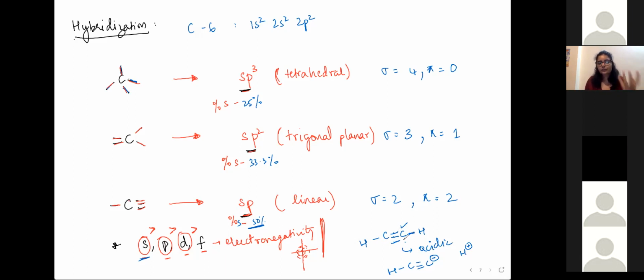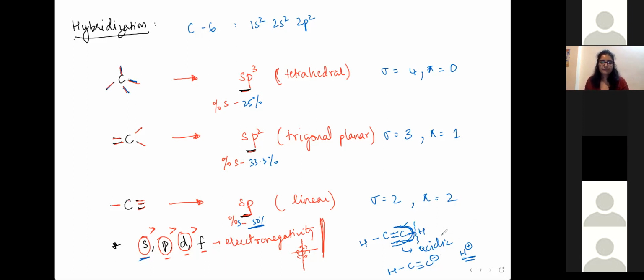So if electronegativity is a lot more, this carbon can hold on to the shared pair of electrons more easily, which means it can let go of this hydrogen more easily. If the hydrogen is going away as H plus, that is basically your acidic behavior. Releasing H plus ions is the definition of being acidic. So that's why your alkynes are the most acidic.